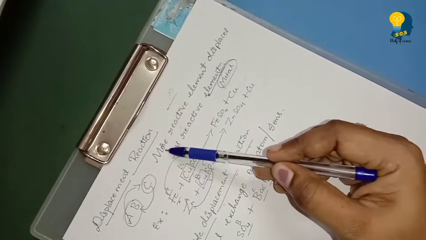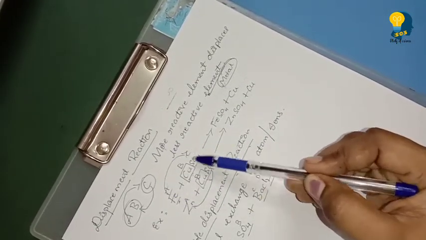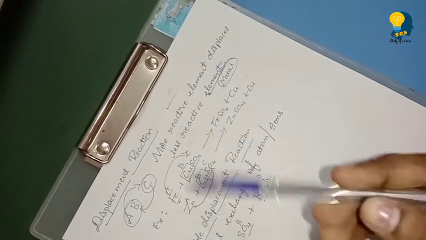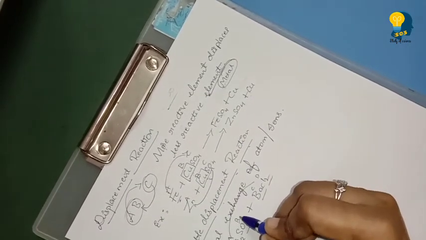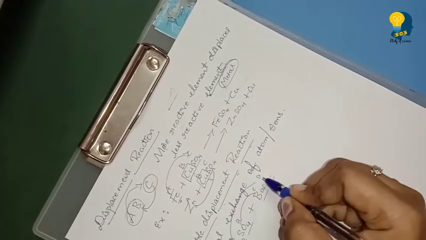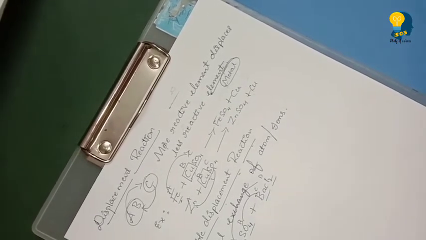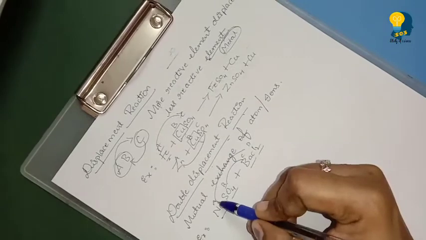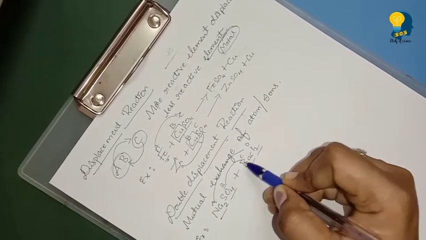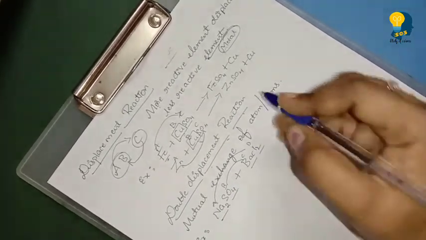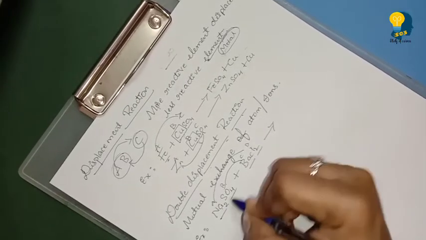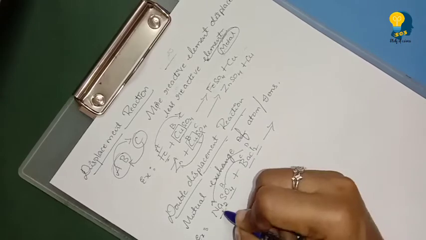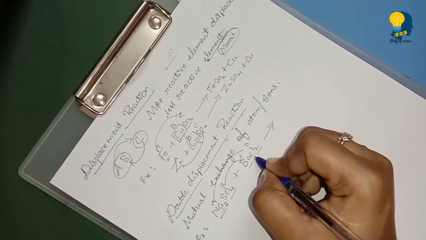We have seen in the displacement reaction A combines with C, and B was left. Now here A combines with D, B combines with C. So what are the products formed? A combines with D, that is NaCl.